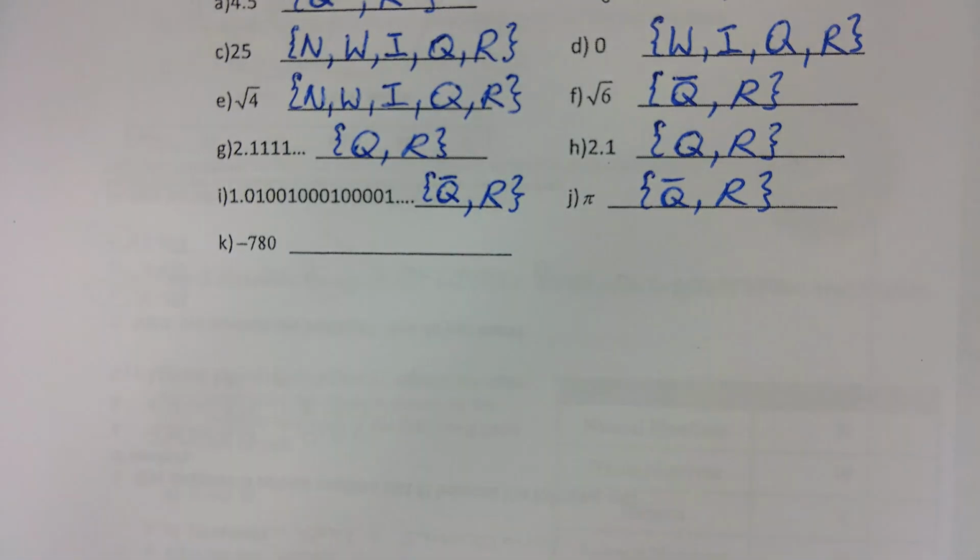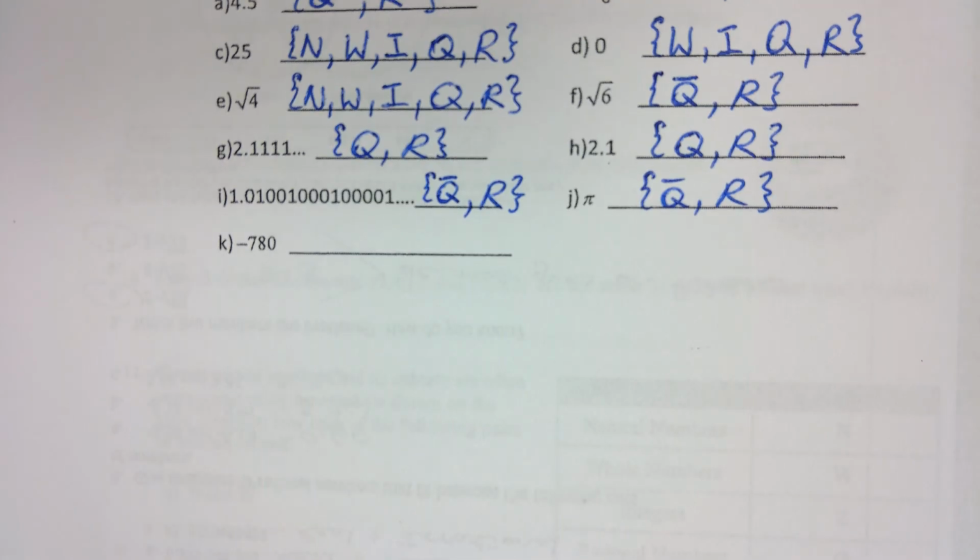Somebody who hasn't participated today. Negative 780. Someone who hasn't participated. Yes, see, I love the encouragement. Okay, Hannah, you want to give it a try? It's okay. It's irrational and an integer. Oh wait, no, sorry.